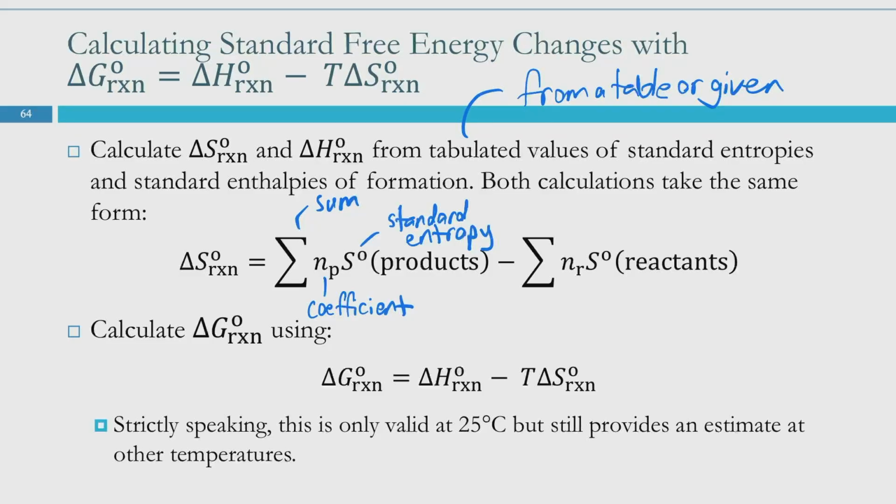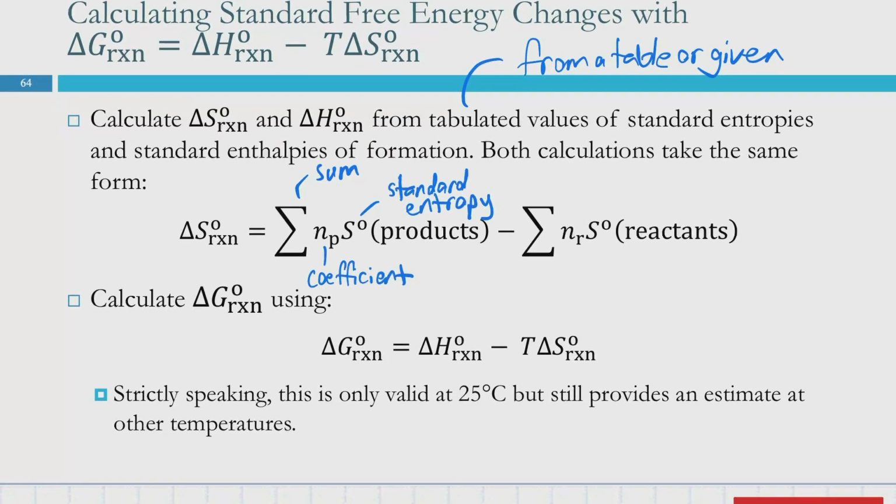And then we can plug those values in and calculate our standard change of free energy. It's only valid at either 25 degrees Celsius or whatever the standard conditions specify. Usually that's 25 Celsius.